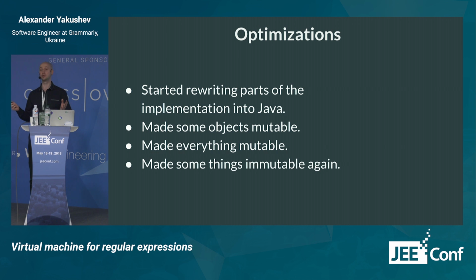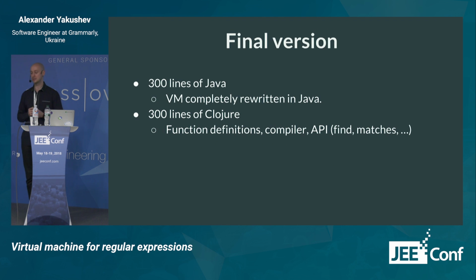So I made some things immutable again, and with that, I arrived at the current implementation. It's 300 lines of Java. The virtual machine is completely rewritten in Java with all the internal objects and data structures. And there are still 300 lines of Clojure. The whole compiler is written in Clojure, the quantifiers are defined there too, and the public API.